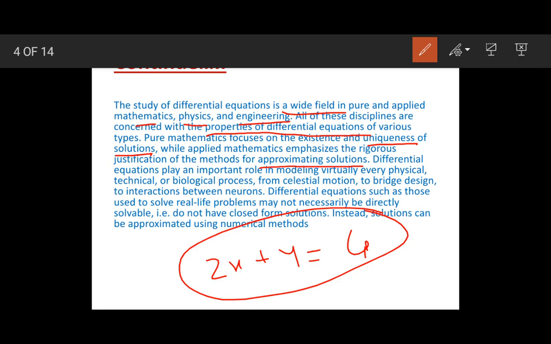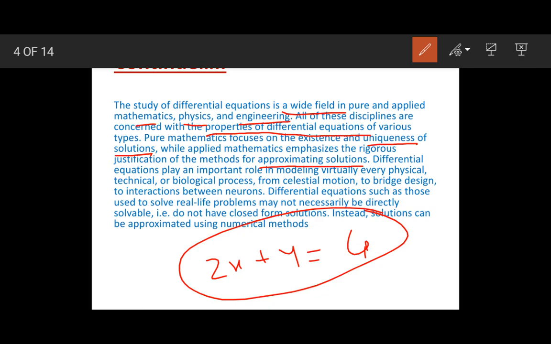Differential equation plays an important role in modeling virtually every physical, technical or biological process, from celestial motion to bridge design to interactions between neurons. In all of these, differential equation plays an important role.